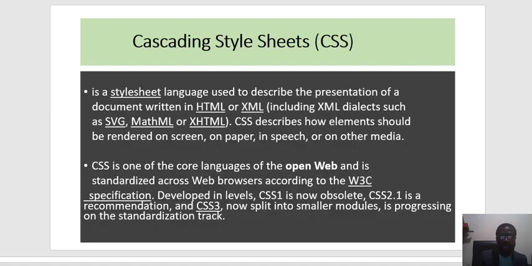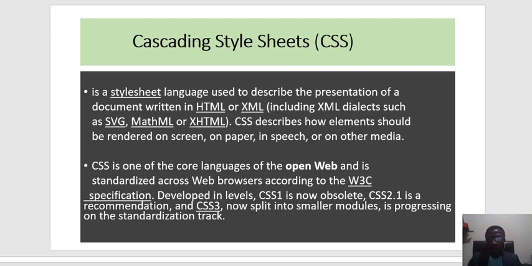What is cascading style sheet? CSS is a style sheet language used to describe the presentation of a document written in HTML or XML, including XML dialects such as SVG, MathML, or XHTML.